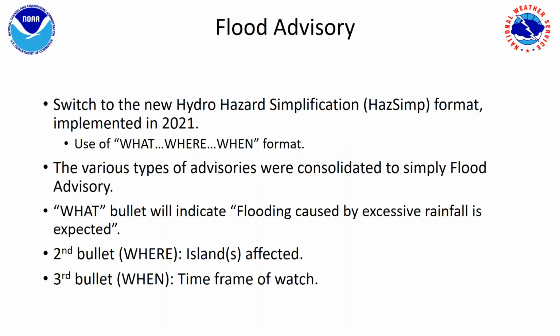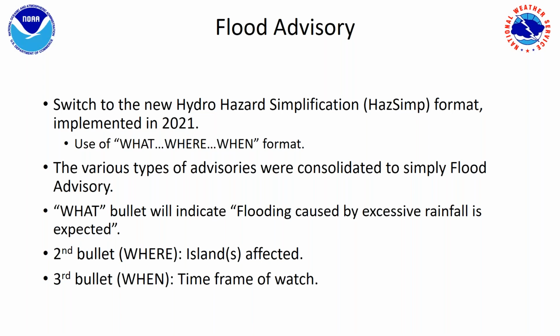This was the flood advisory change. It's part of the HAZSIMP implementation. So your product went to a what, where, when format, and also for Samoa, I think you had a small stream flood advisory, right? That's what it was called, and then it just switched to straight flood advisory.